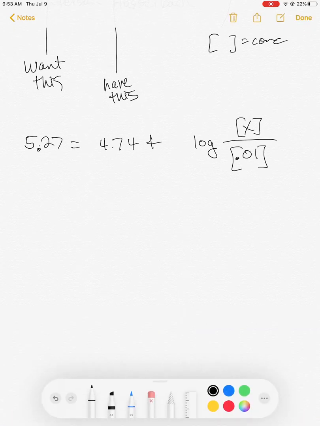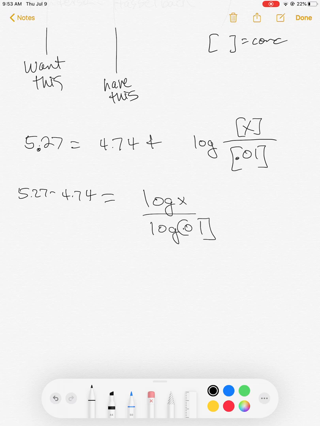So I think where people are having a little bit of trouble is you want to have 5.27, come on, minus 4.74, whatever that is. And that gives you the log x over log of 0.01, which you can figure out on your calculator.